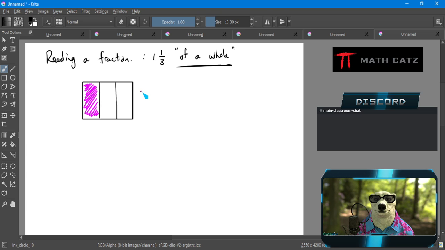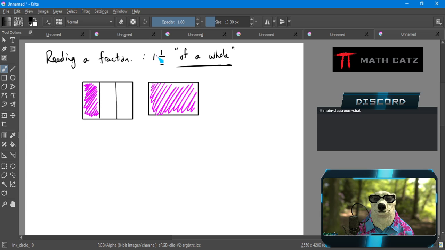I just have one whole rectangle as well as a third of a rectangle. I do this, trying to make them as identical as possible. One whole rectangle and another third. I just ran out of space. It should be on the other side.